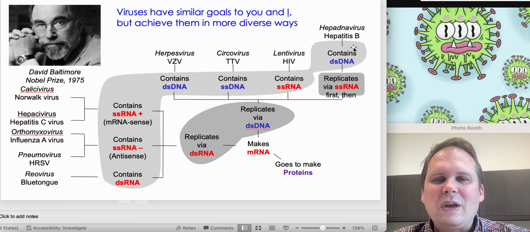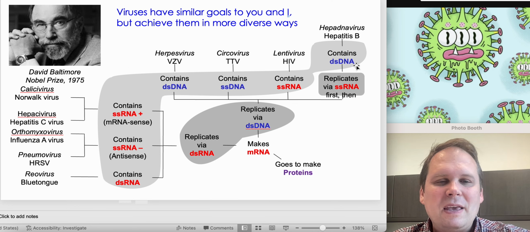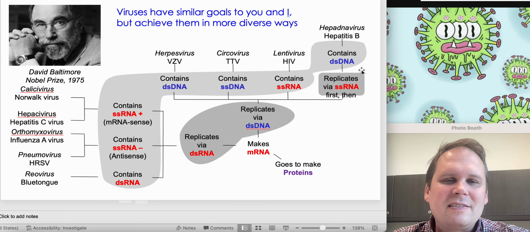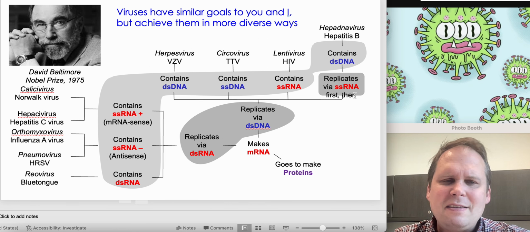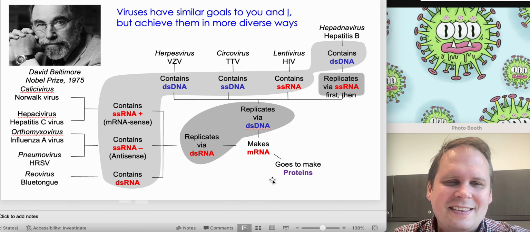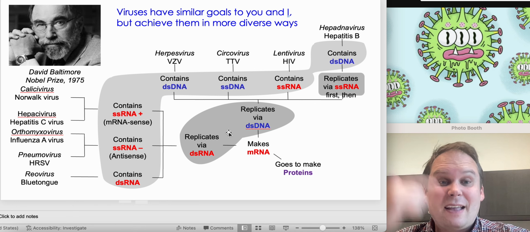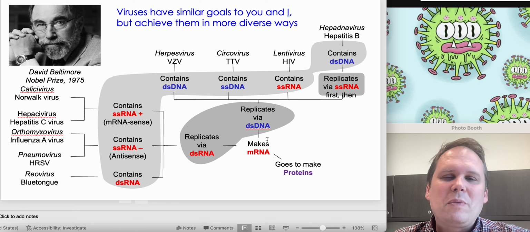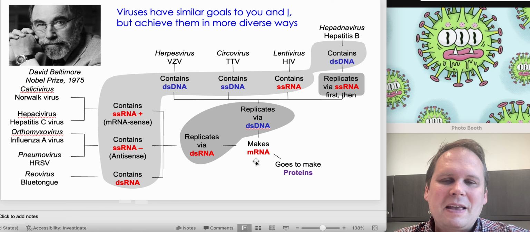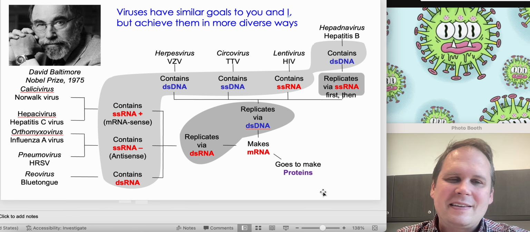And then you get just weirdo viruses like hepatitis B, absolute freak. Starts out as double-stranded DNA, flips itself to single-stranded RNA, because why not? And then it doesn't use the RNA to make messenger, nothing like that. It's going to flip itself back to double-stranded DNA, outthinking you there, from which point we're then going to make messenger RNA. It's going to go make proteins.